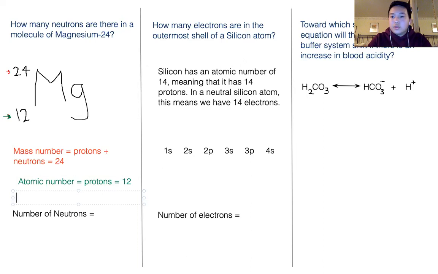So I'm gonna use the first equation and replace it with 24, right? The number of protons we know to be 12, given again by the atomic number. That leaves us with how many neutrons, which I denoted as N, right? So if you did some math there, you'll see that 24 minus 12 gets us to 12 neutrons. So that would be the answer for this. So we would say that there are 12 neutrons in a molecule of magnesium 24.